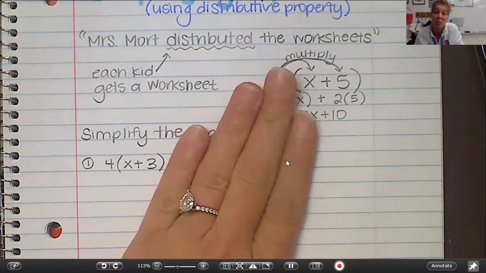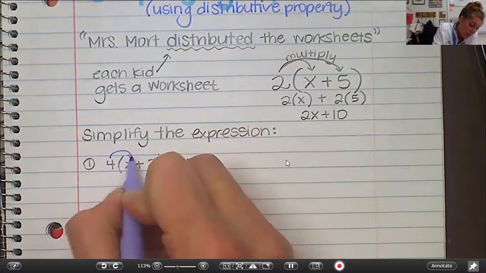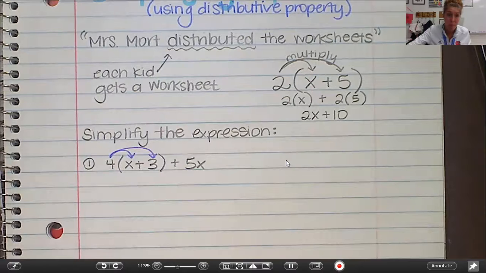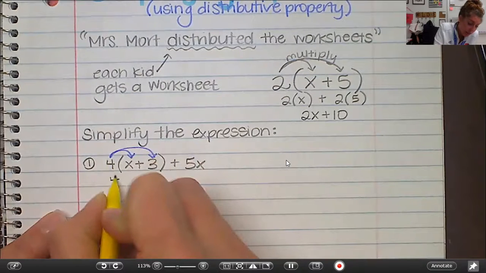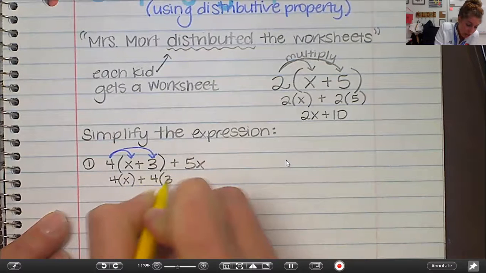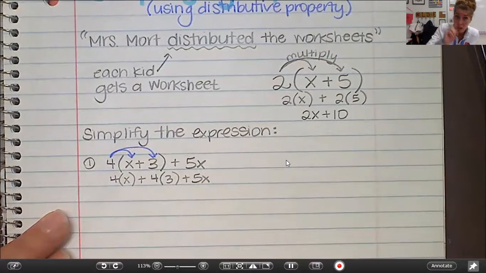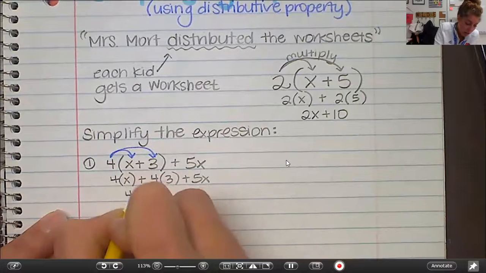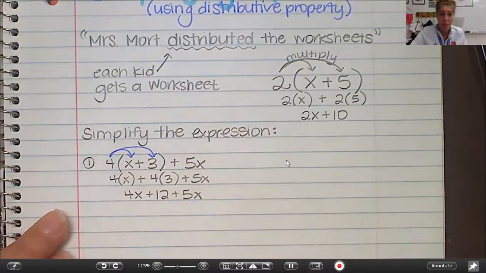That 5x is not really included in my distributive property. Now we are going to do something with it, so watch what happens. 4 goes to the x, 4 times x plus 4 times 3 plus 5x. Or, to simplify, 4x plus 12 plus 5x.